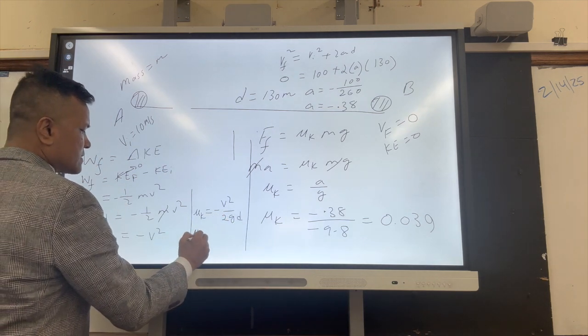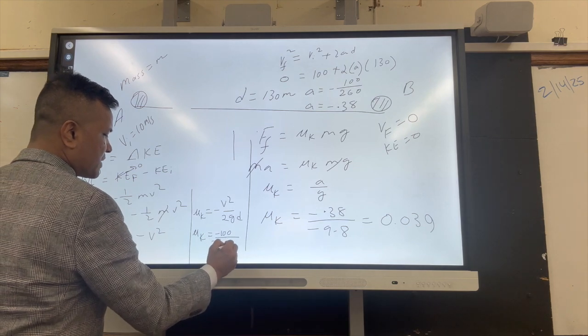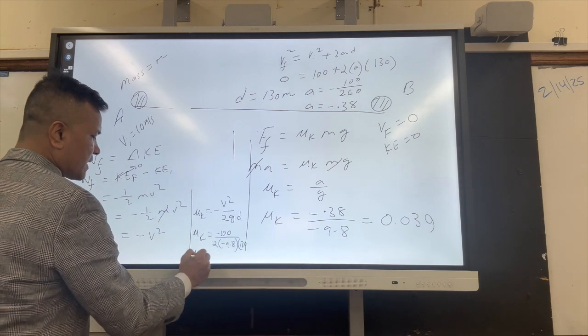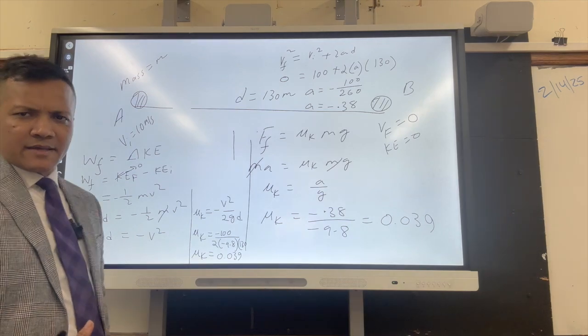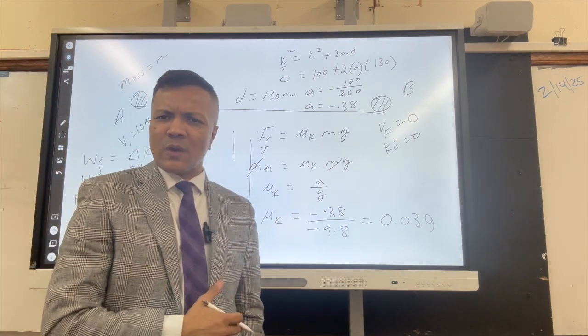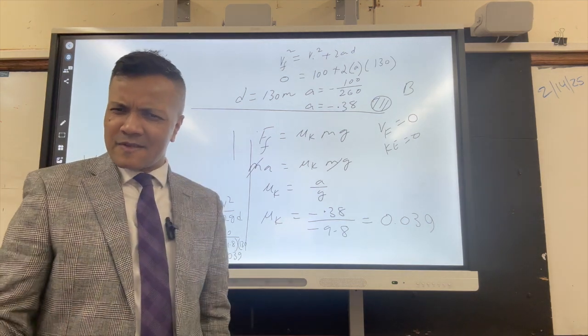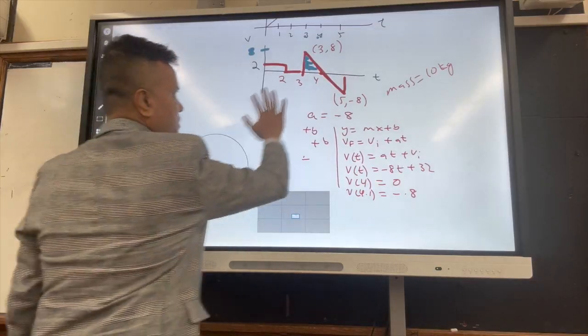So mu k is negative 100 over negative 9.8 times 130. So mu k is 0.039. Both ways you get the same answer. Not sure which way makes it easier to solve the problem. Okay, and that is the most important problem.